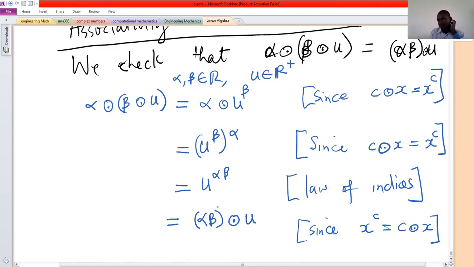This is the definition of scalar multiplication on this set, R plus.